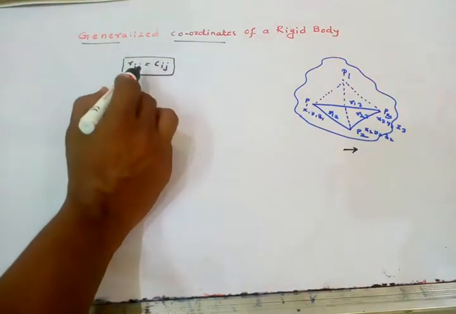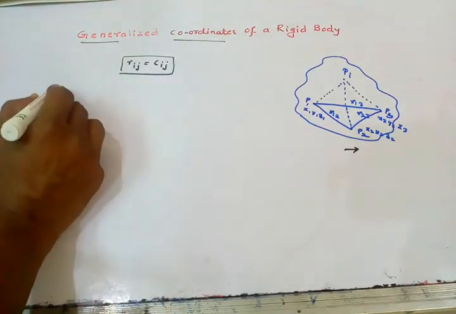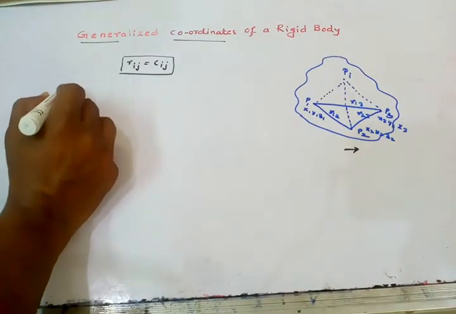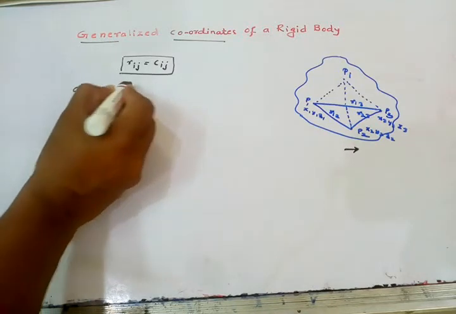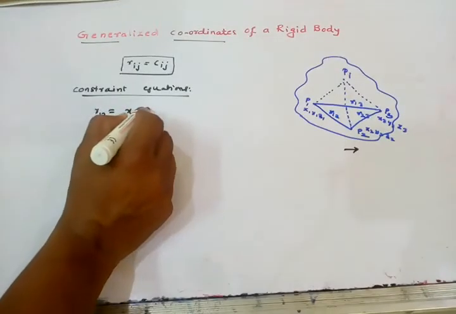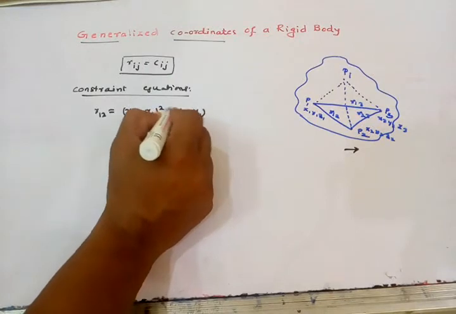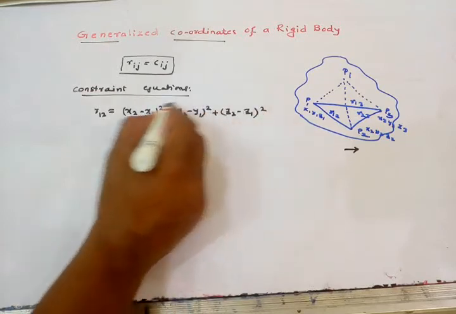Okay, so for these three particles I am writing the constraint equations. R12 equals the square root of (x2 minus x1) whole square plus (y2 minus y1) whole square plus (z2 minus z1) whole square.